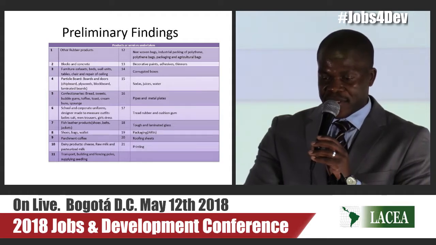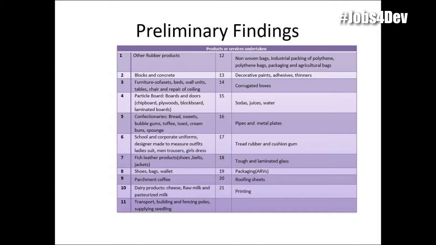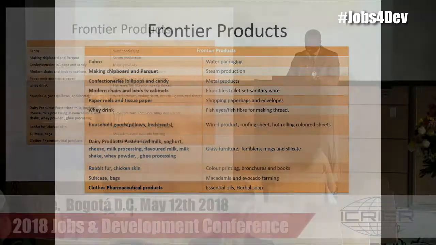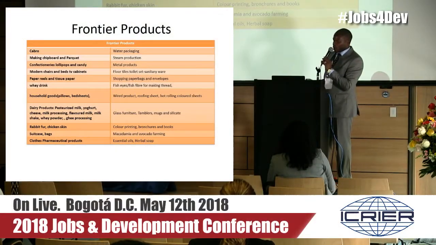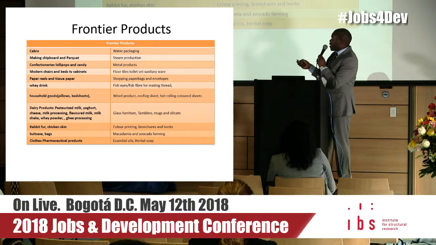So these are the products that we identified as being currently undertaken by firms, and they correspond with the products that are currently being produced. And from here, we looked at the frontier products that were identified from our calculations and from responses by firms and other stakeholders.